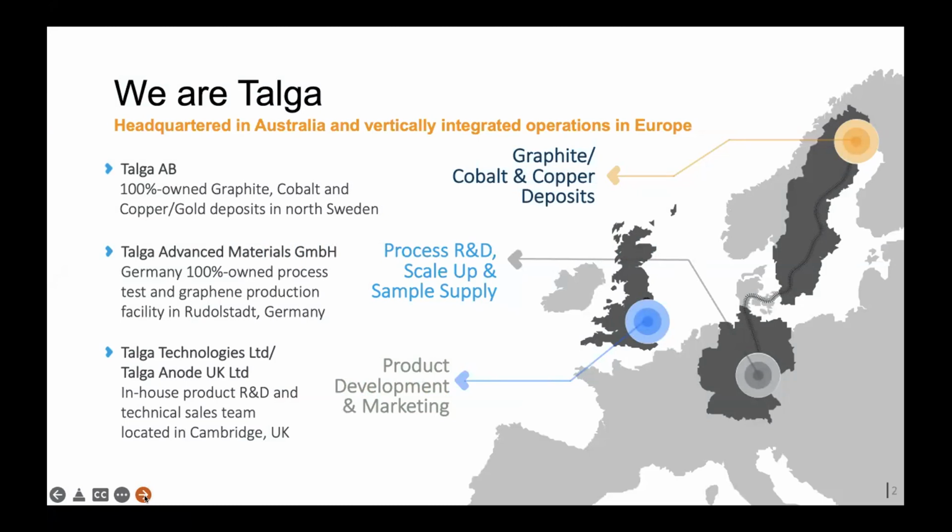We mine it, we process it, we produce advanced materials from it, and in our product development, we target novel technologies with sustainability high in our thinking that are applicable in multiple areas. So in Sweden, this is mining and currently also graphite anode production. In Germany, we have a graphene production facility and process development unit. And in UK, where I'm located in Cambridge, we have mainly R&D and sales activities.